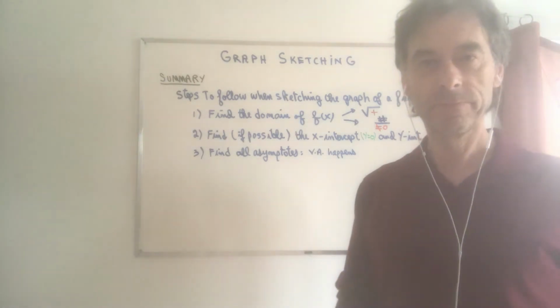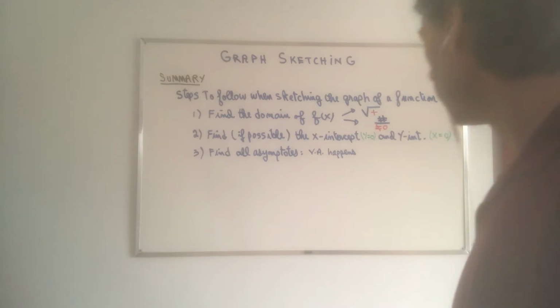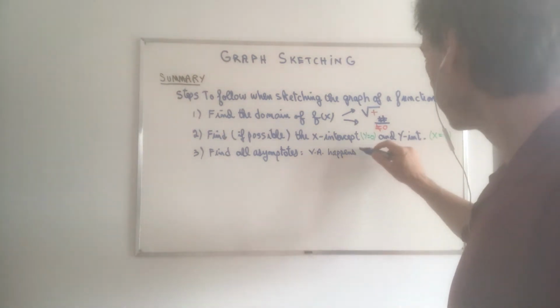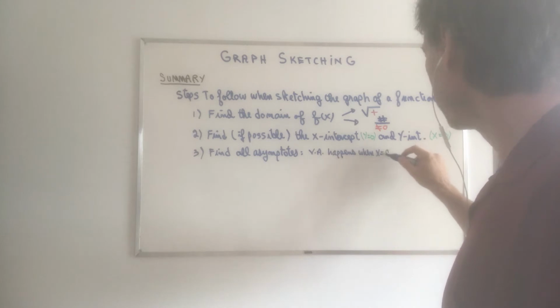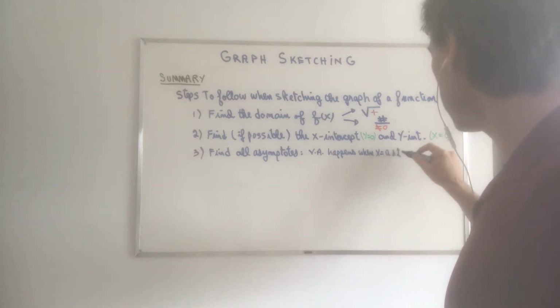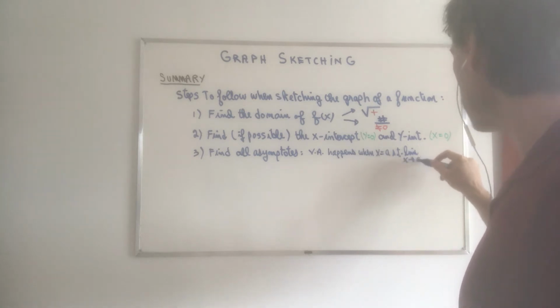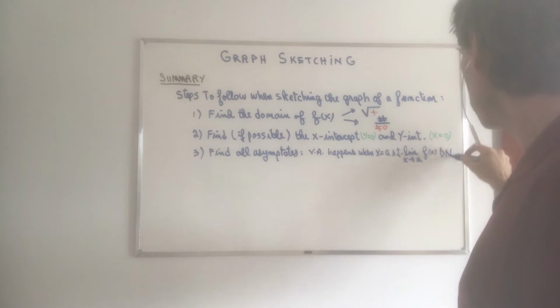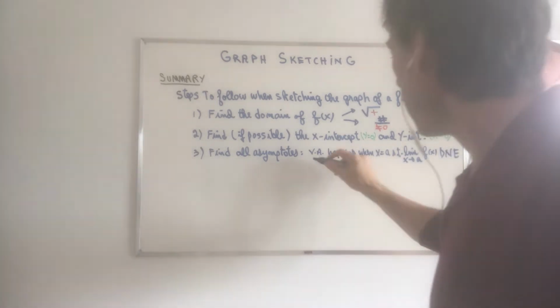Ask yourself, do I remember how I get a vertical asymptote? If you said, well, you have found a number x equals a, such that the limit as x approaches a of the function does not exist.